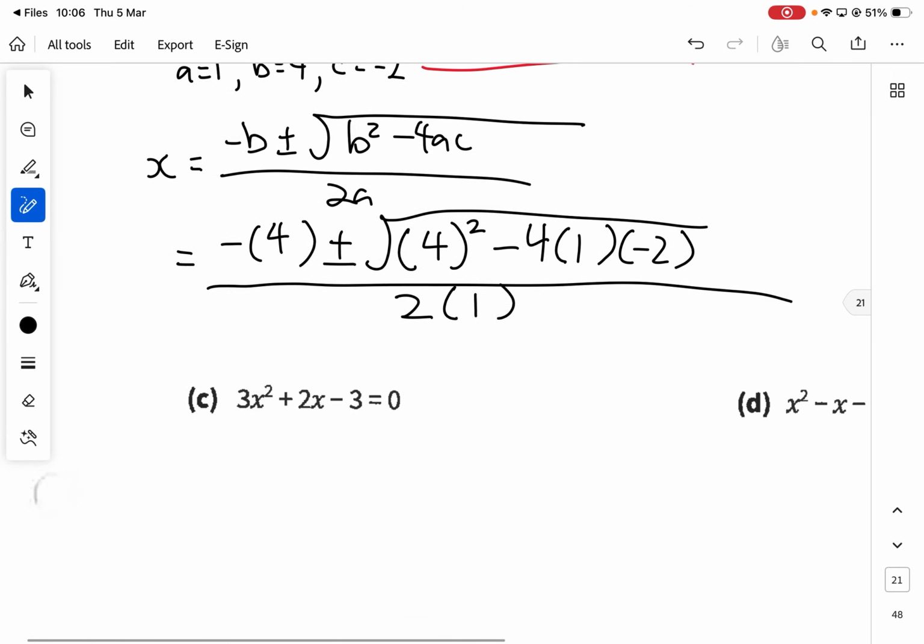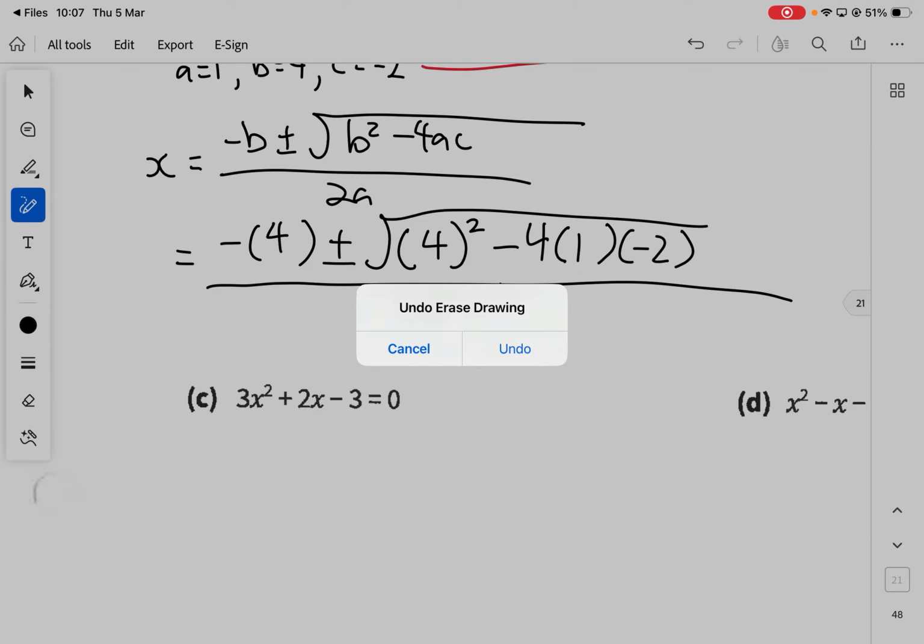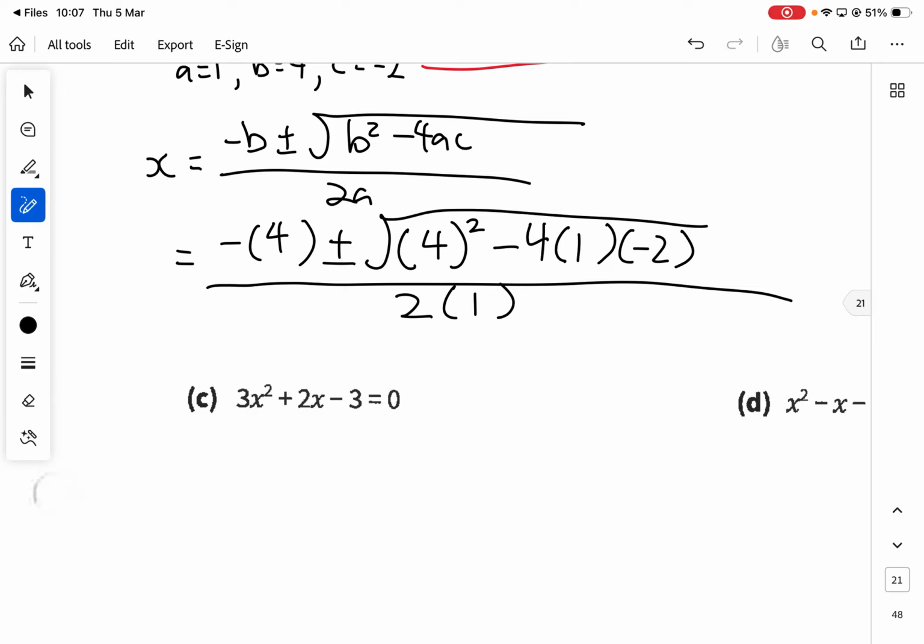Once I do this substitution correctly, my X is this number already. All these are numbers. So once I write this down, I press this into my calculator. I press this exact same thing into my calculator, except my calculator doesn't have this plus or minus symbol.